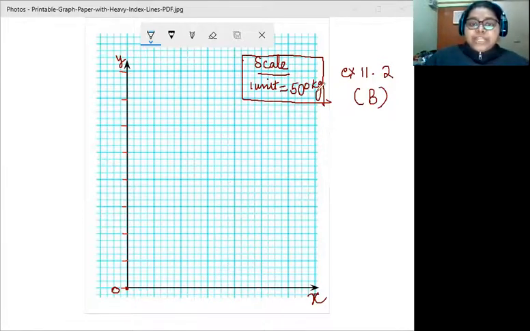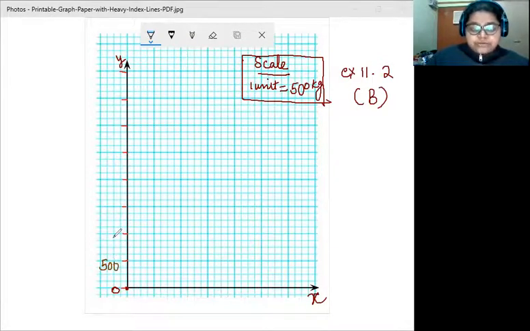Because 1 unit is 500, I told you in the previous thing that from this point to this point is known as 1 unit. So what is the value given for 1 unit? Yes, 500 kg. So this would be 500.